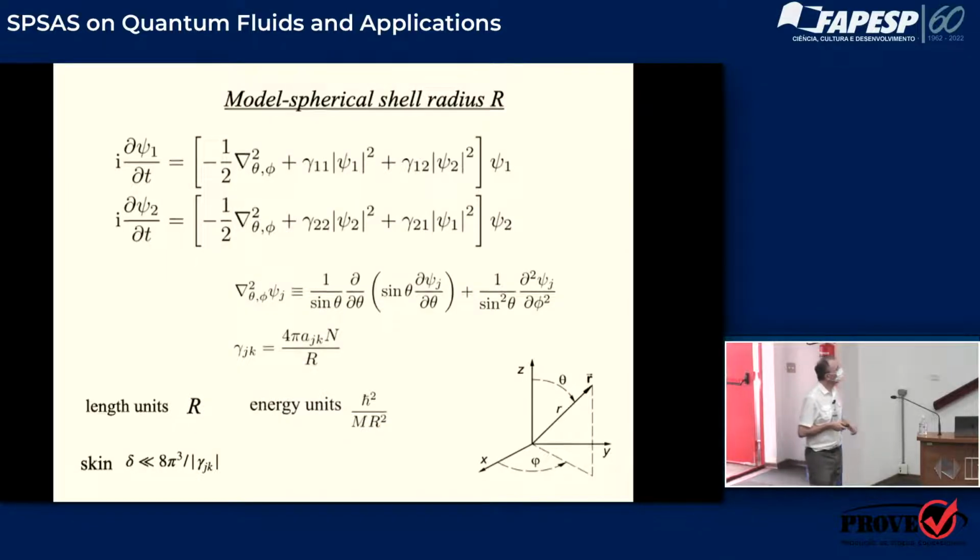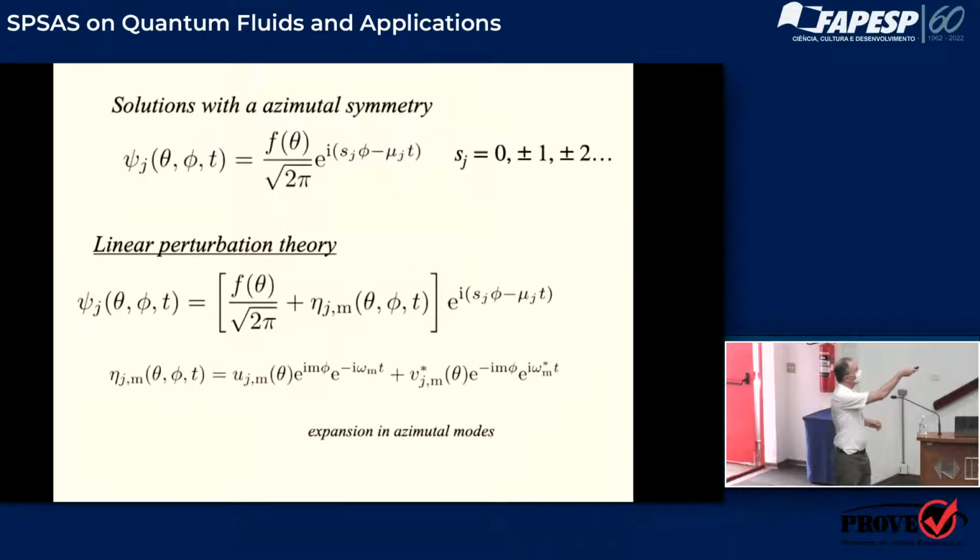Let's continue. So you have these coupled equations. We can have these solutions with azimuthal symmetry. So think of a sphere, and from the South Pole to the North Pole you have azimuthal symmetry in this direction. So it's symmetric to rotations in the phi direction.